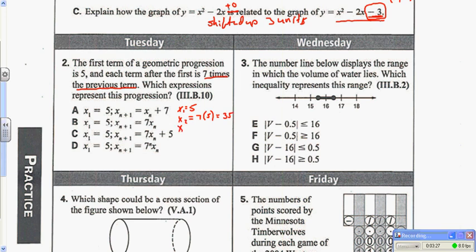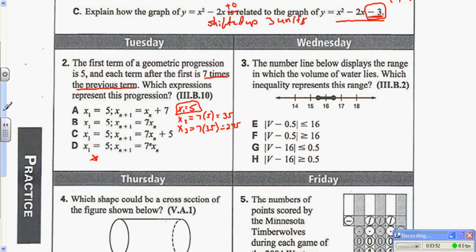To find the third term, take 7 times the previous, which is now 35, which would give us 245. So given that x sub 1, the first term, is 5, all of these are okay. Any letter would work, A, B, C, or D.